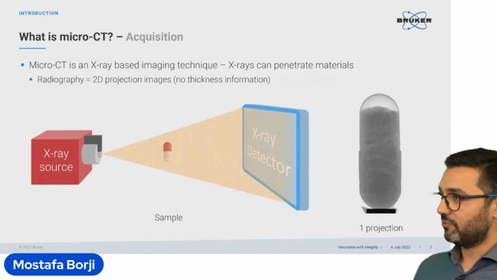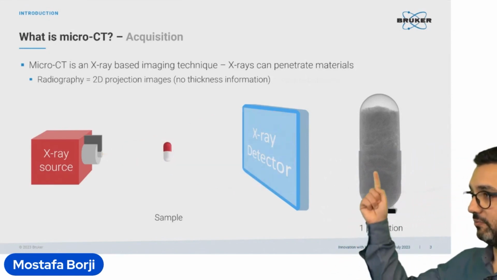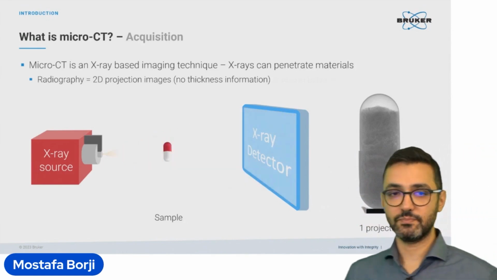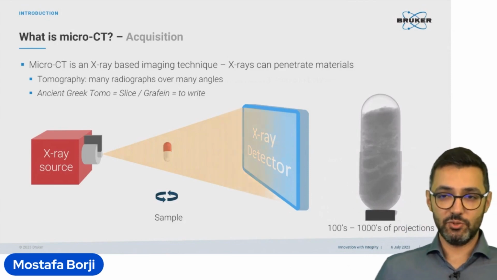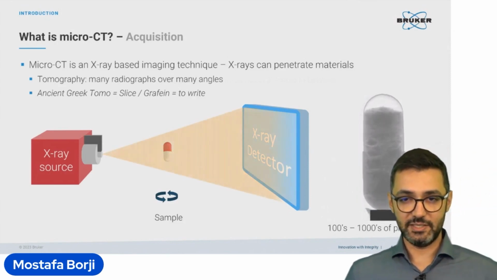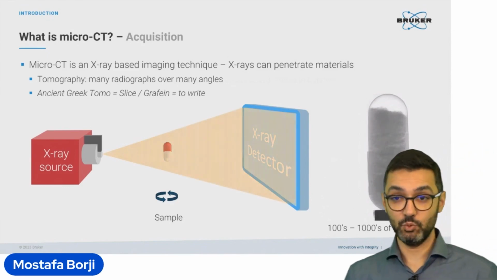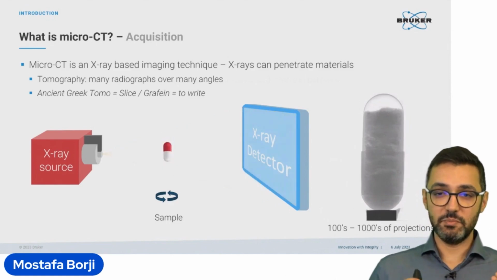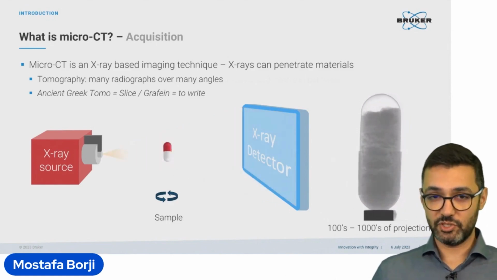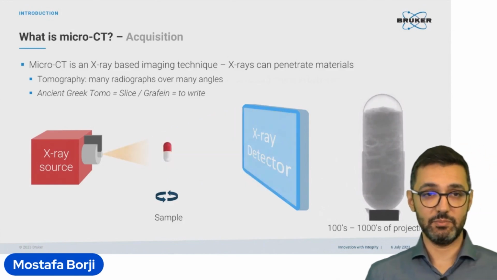Now imagine we have this capsule, and one 2D projection of it will look like this. What we do in micro-CT or X-ray microscopy is take hundreds or thousands of these 2D projections while the sample is rotating. So actually many different 2D projections at different angles of the sample.